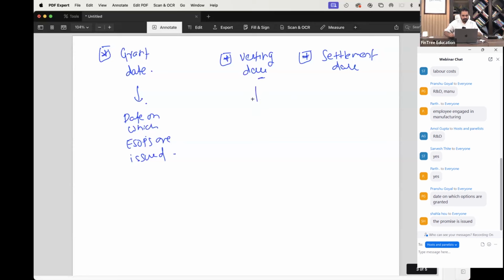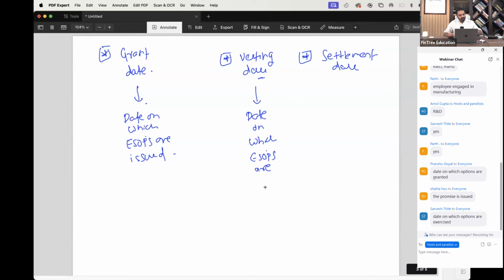How about vesting date? The correct language here is the date on which ESOPs are vested, or earned. For example, at the time of issuance, I say that you're eligible for the ESOP plan, but my vesting condition is that you work for 3 years.